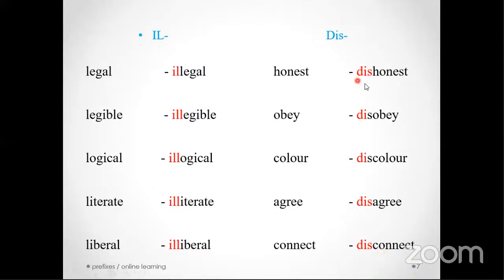So here we have placed the prefix dis before these root words, right? So now up to this, I think you could understand that the prefixes that we learned, an, im, in, ir, il, and dis, right?